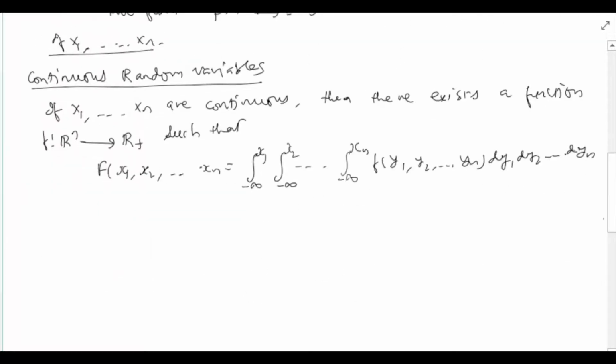This function small f is called the joint probability density function of X1 to Xn.